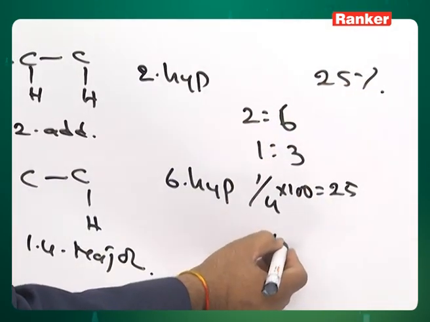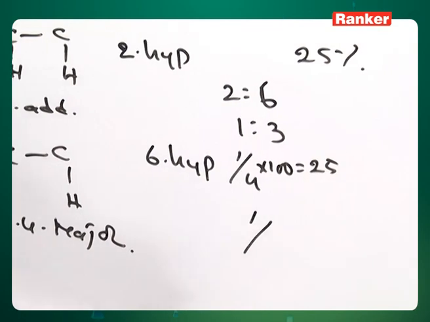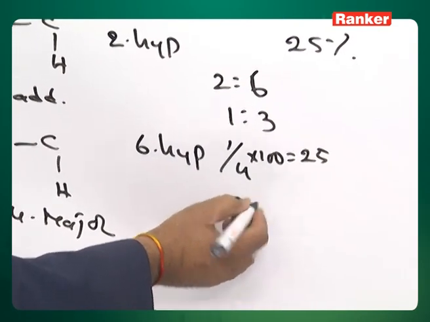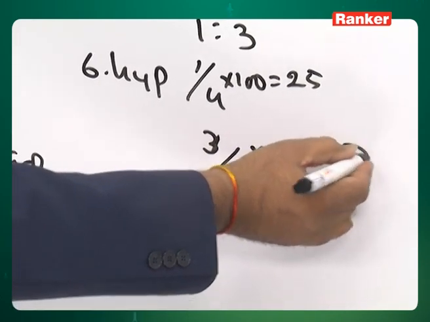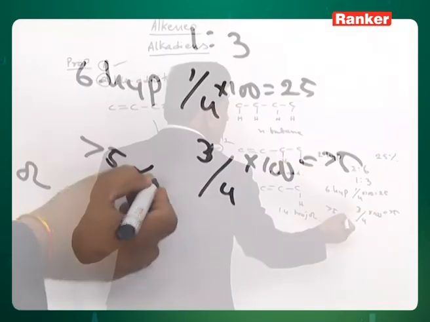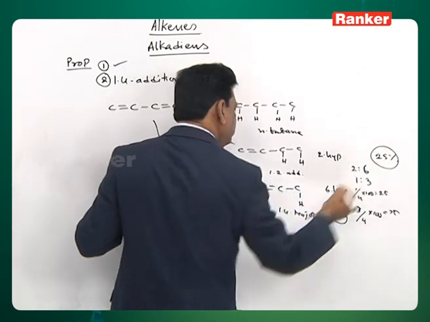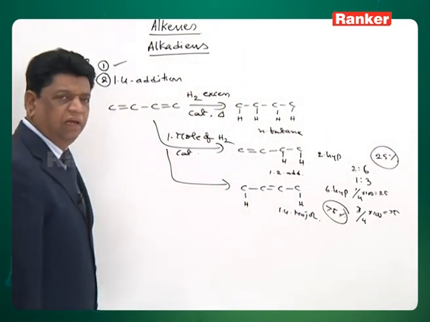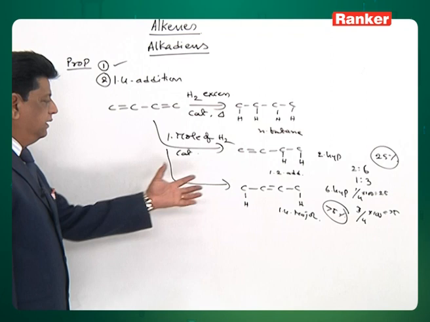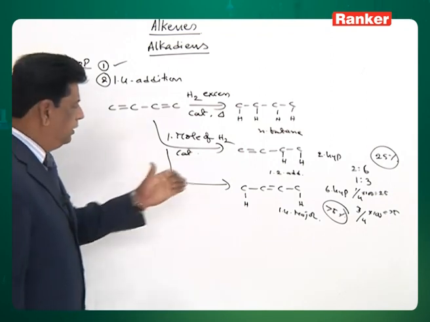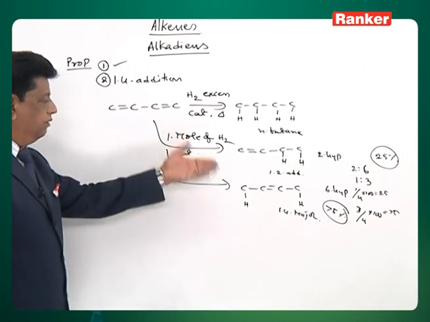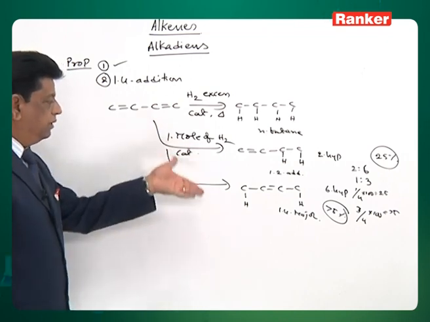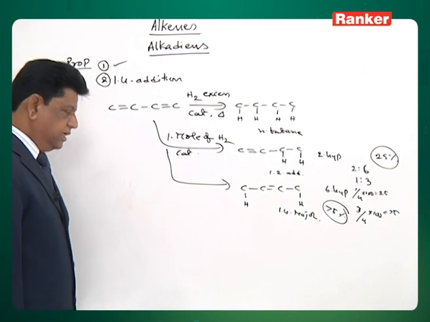The second one is 3 out of 4, into 100, which is 75%. So 1,4 addition is still the major one. The theory says that since it has more hyperconjugable hydrogens, 1,4 addition will be the major one, to an extent of 1:3, that is 25% and 75%, right.